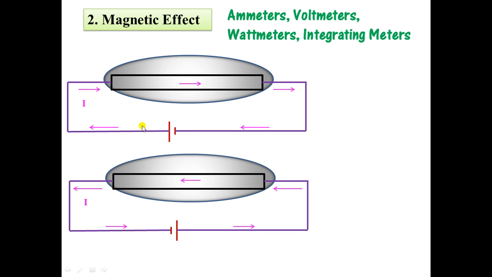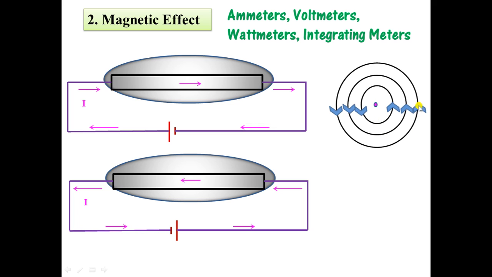Here, because the current is flowing in this particular direction, this magnetic field will have one direction, and this magnetic field, because the current is flowing in the opposite direction, will have the opposite direction. Suppose this magnetic field is in anti-clockwise direction, then this magnetic field will be in clockwise direction.